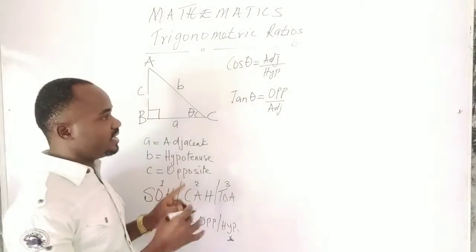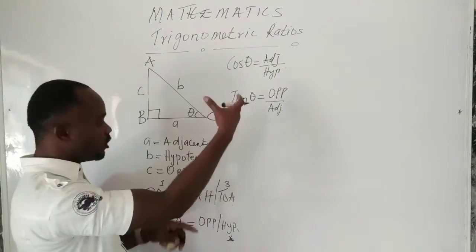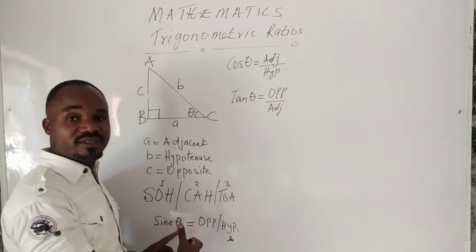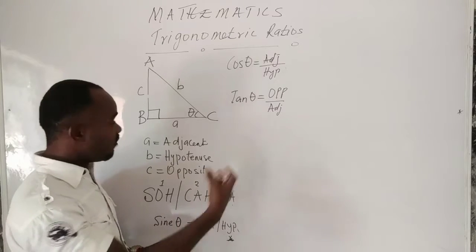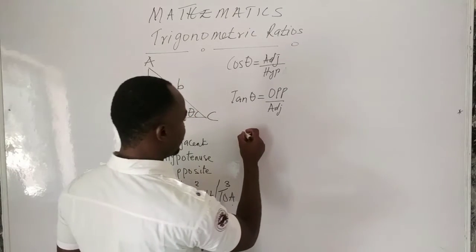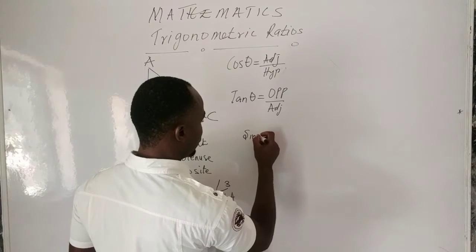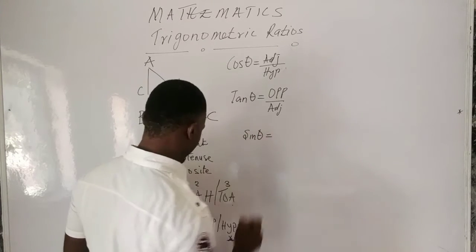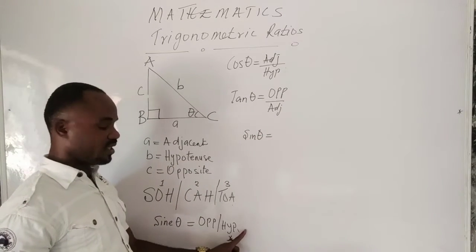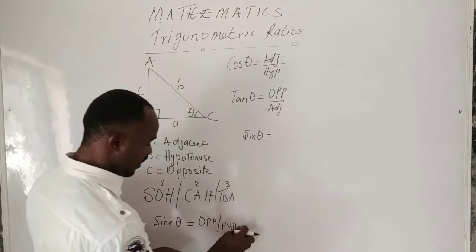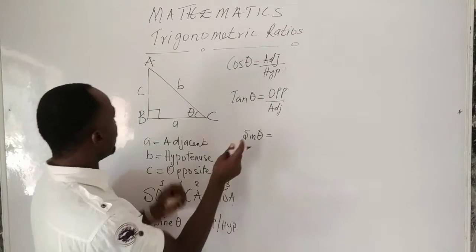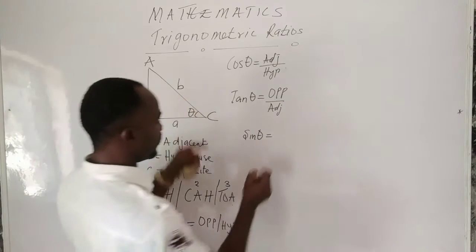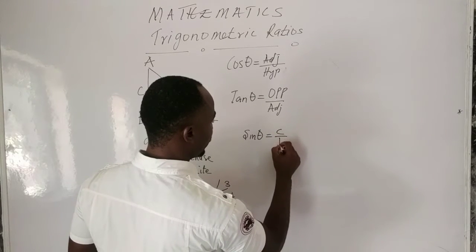Having known this, the next thing we are going to do is to represent each of these ratios with their various letters. For sine theta, we have opposite over hypotenuse. Opposite is c, hypotenuse is b, so c over b.